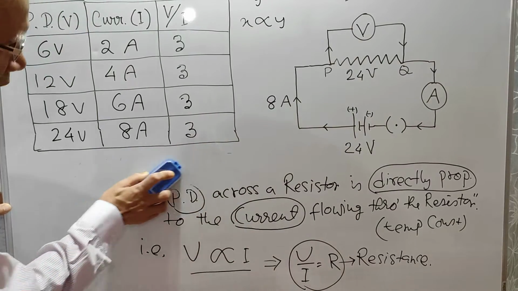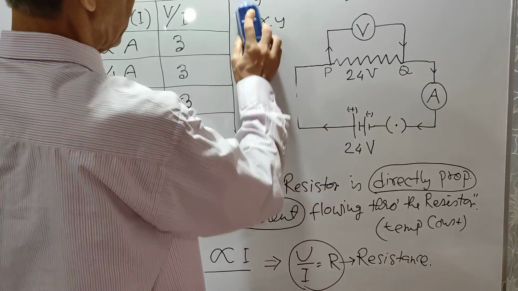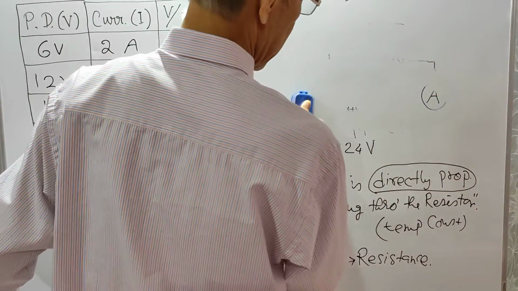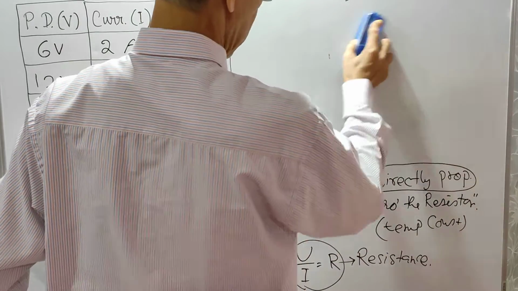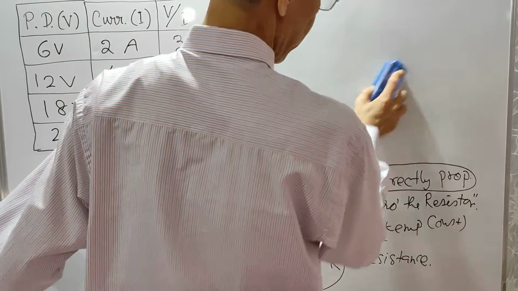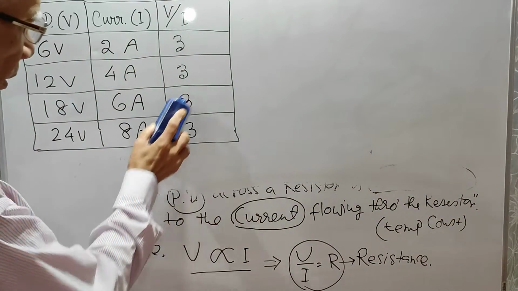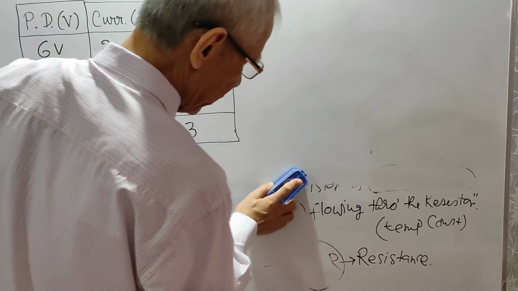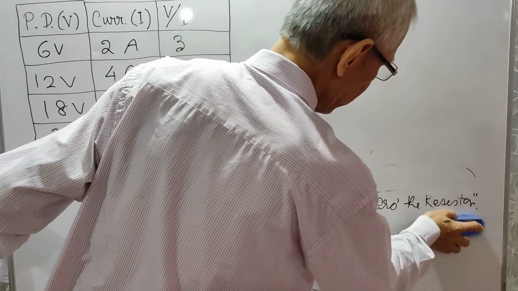Now for drawing a graph, you need a table. You have seen in maths, for drawing a graph, you need a table. Now already you have got a table. Using this table, we can draw a graph using x-axis and y-axis.